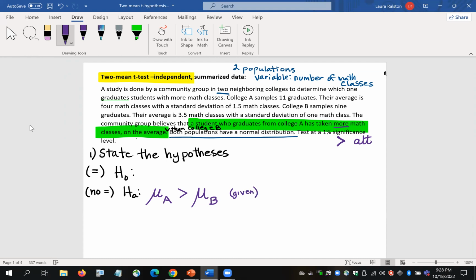So by default then, my null hypothesis is the mean for A is less than or equal to the mean for B.